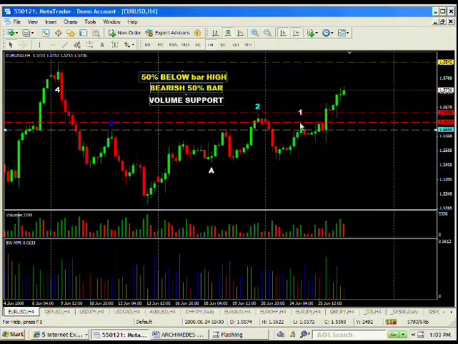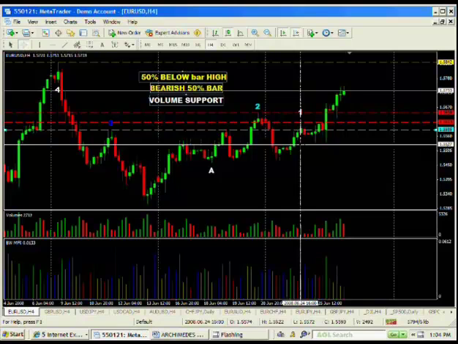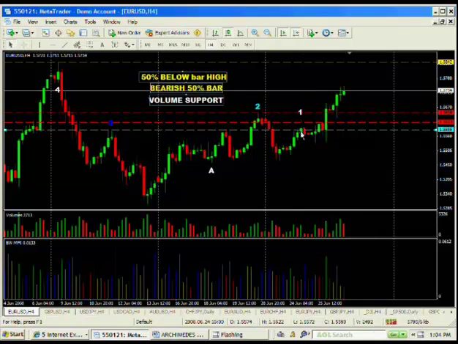Anyway, on this bar it came up, and now let's see who was in on this bar. The public was in on this bar. So the public brought it up to here, and operators started selling here, and we closed down below 50%.